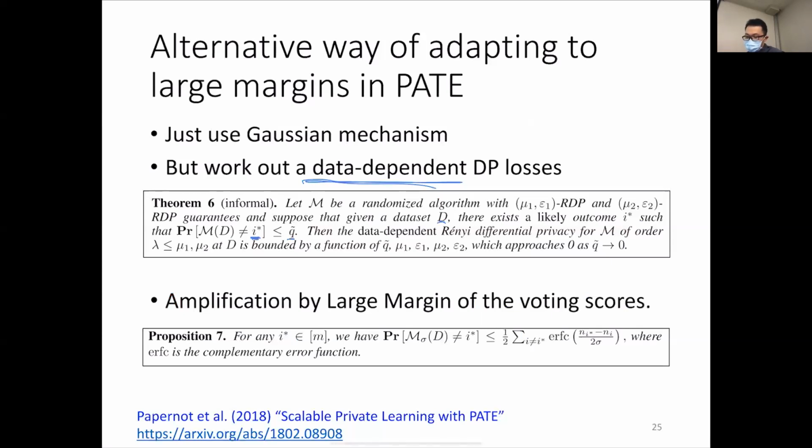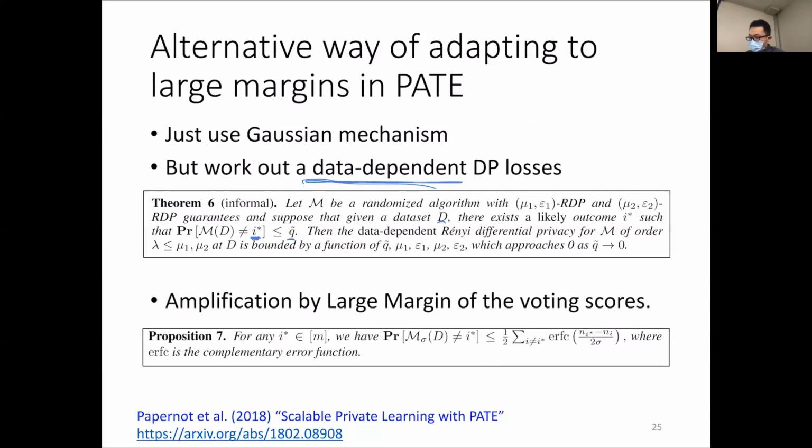So when this q tilde is arbitrarily close to 0, it means that the mechanism on this data set will almost always output i star, right?